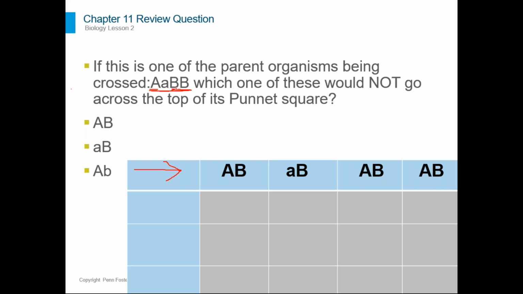You take the other capital B, because there is no lowercase b. You could have a lowercase a and a capital B, and then a lowercase a and another capital B. Three of our options are exactly the same, but that's okay. That's going to affect what percentage of it.